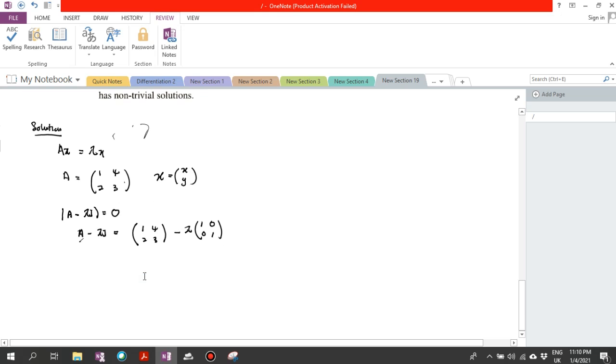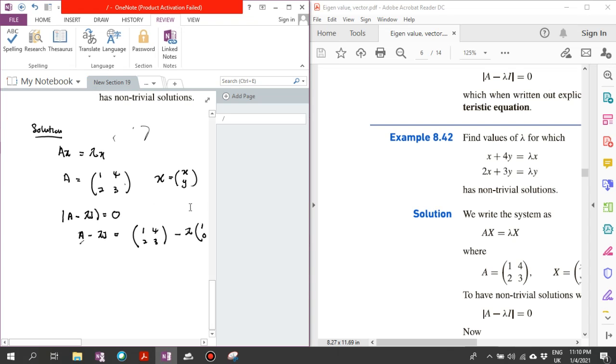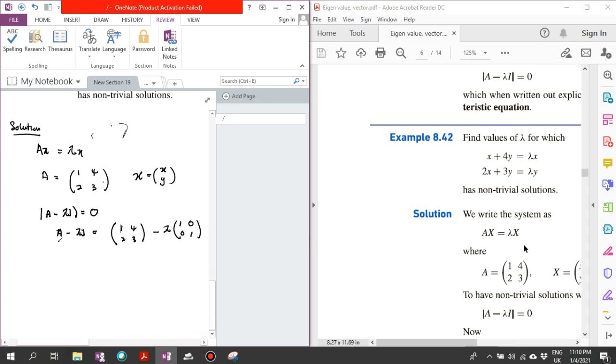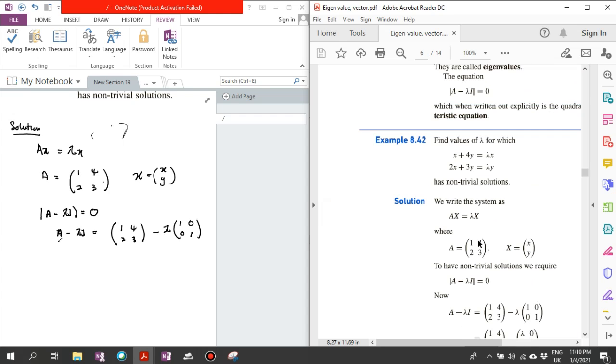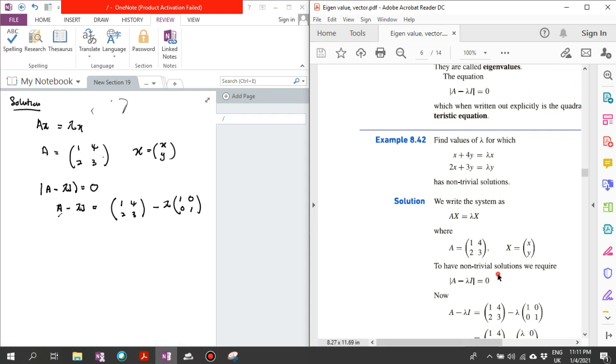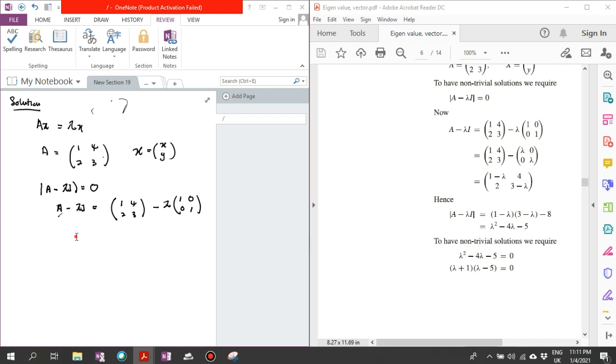From here we can see that this can be solved to be 1, 4, 2, 3 minus lambda, 0, 0, lambda.